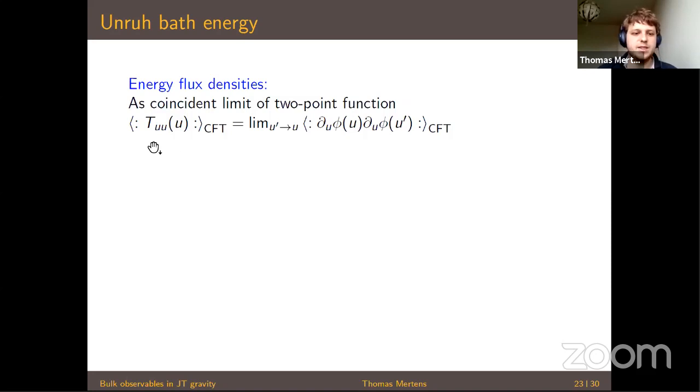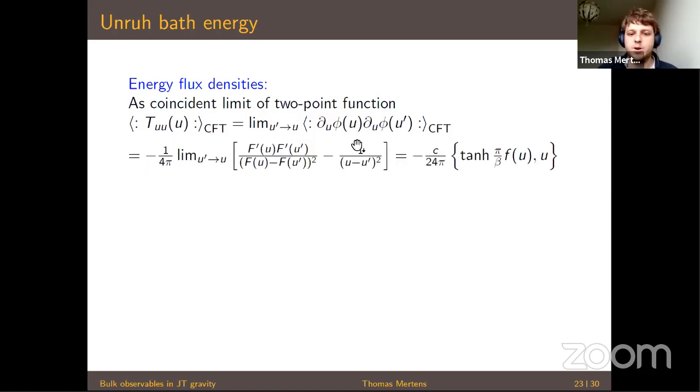Now to analyze the energy density, first of all, let me write down some formulas for the energy flux density of the matter system in the bulk. Again, we have the CFT 2-point function. If we take derivatives and then take the coincident limit, of course, we get the definition of the bulk stress tensor density. We know as an operator, in terms of this off-shell frame, big F, what this 2-point function looks like.